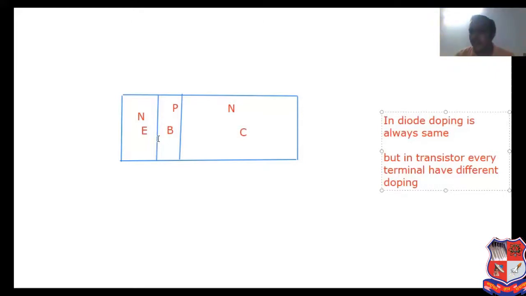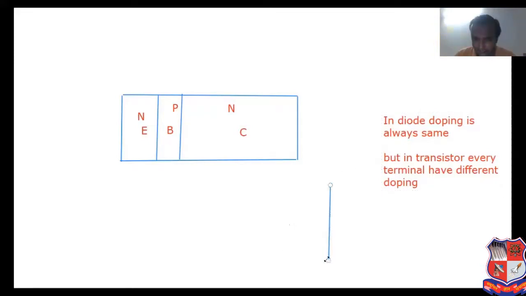Or simply, in rough Gujarati language, if we want to flow the current from base to emitter, or we can say electrons flow from emitter to base. See this diagram here. I will explain this.